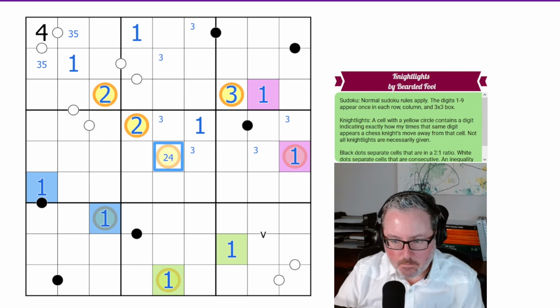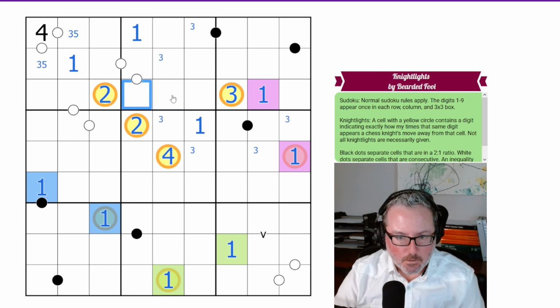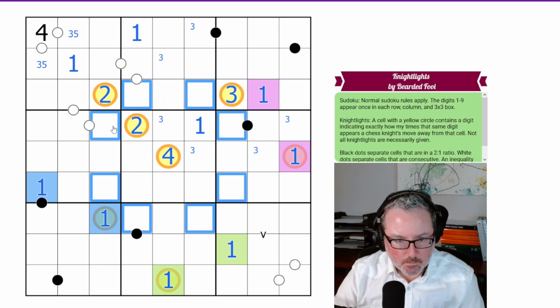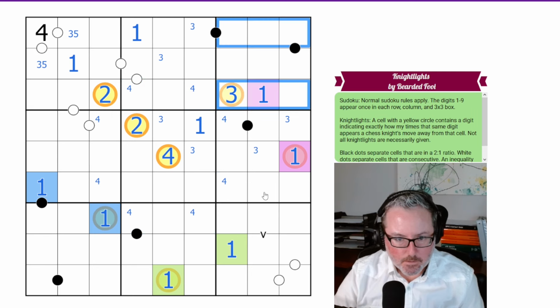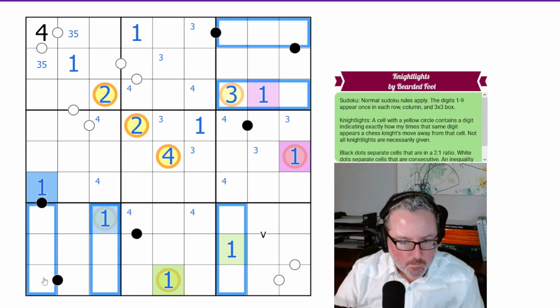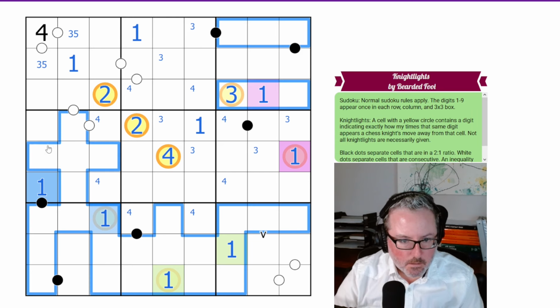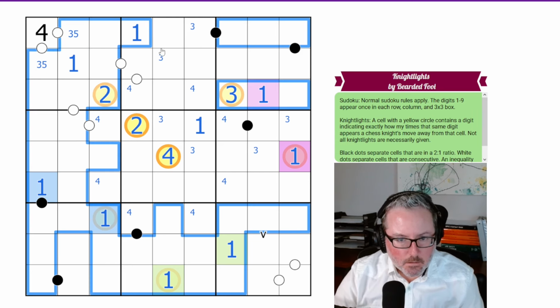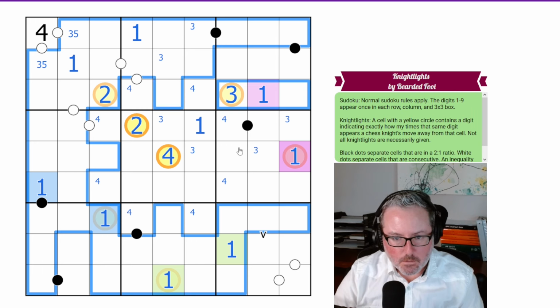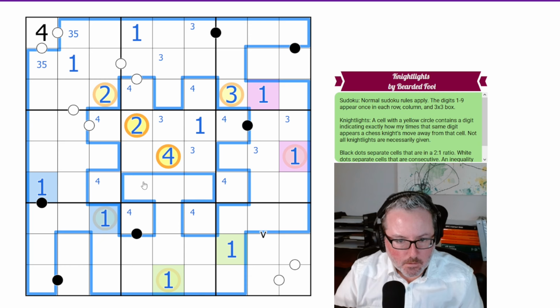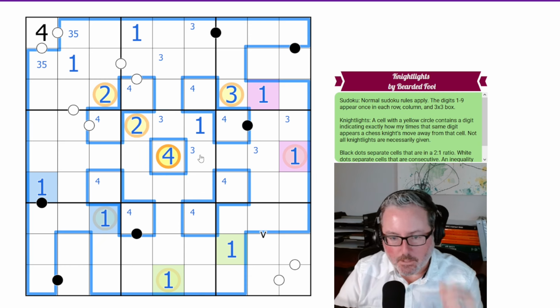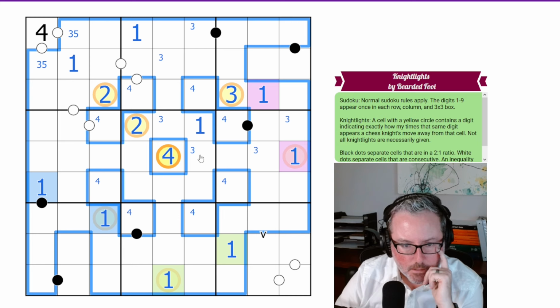That 2 now gives me a 4, which means we're going to have our situation, like I said earlier, where all of these have to have a 4 in them somewhere. So there's no 4s in any of these spaces, none here, none in here. I don't know if this is going to do me much good, but I'm going to look at it because sometimes just being visual and putting these in can really help to see something that you wouldn't normally see.